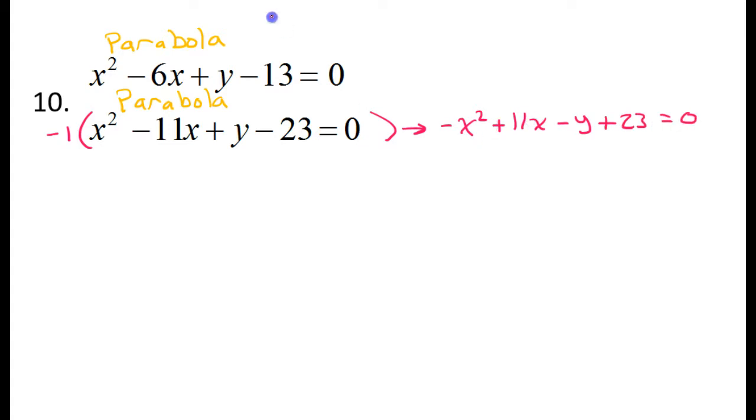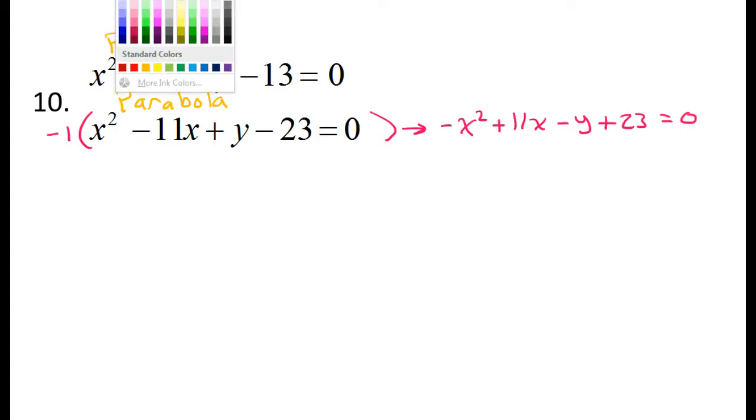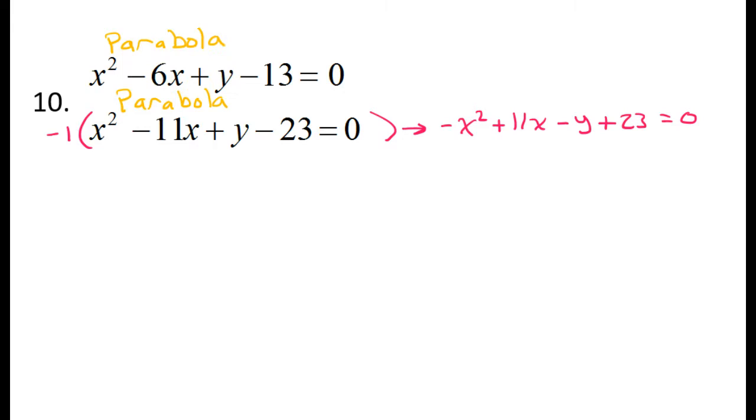All the signs changed. Now I have not done anything to the top equation, so I'm just going to recopy it unchanged. So I've got x squared minus 6x plus y minus 13 is equal to 0.